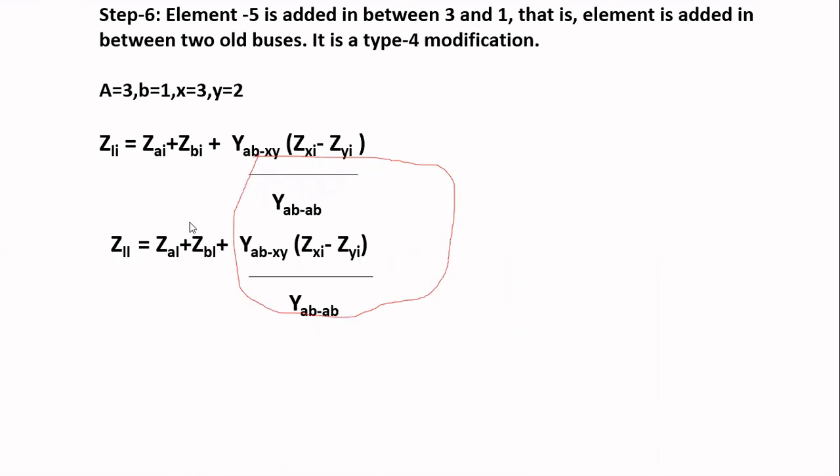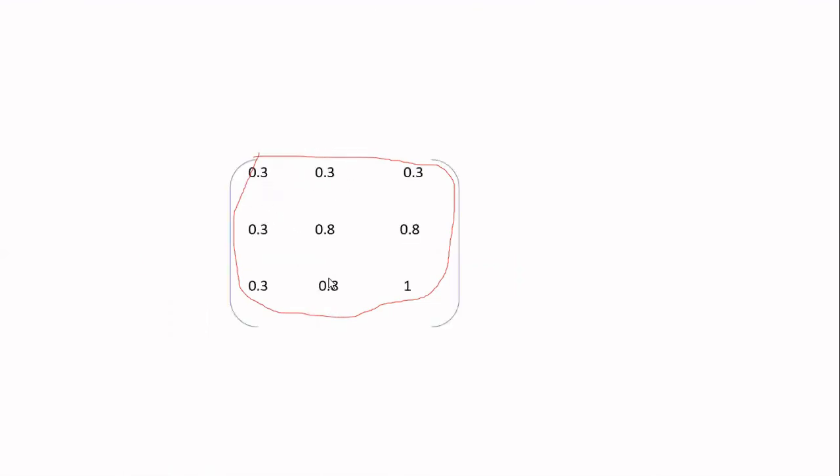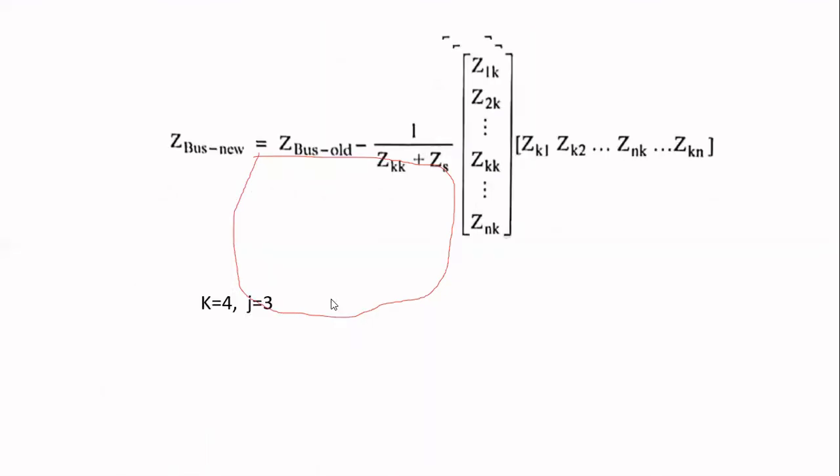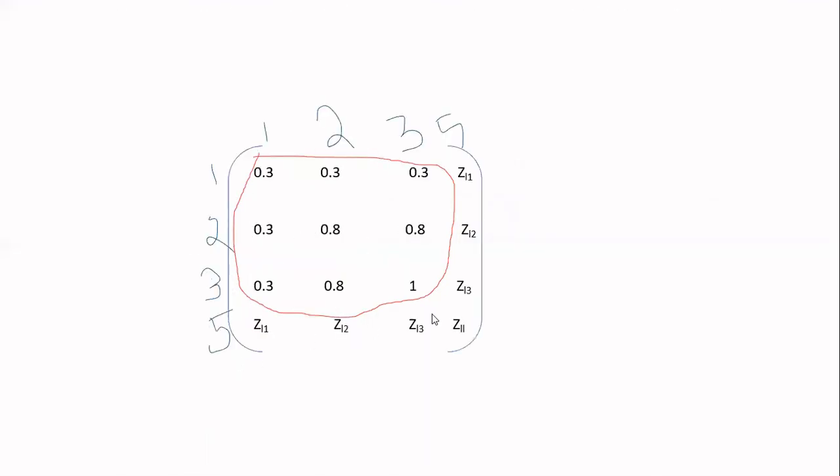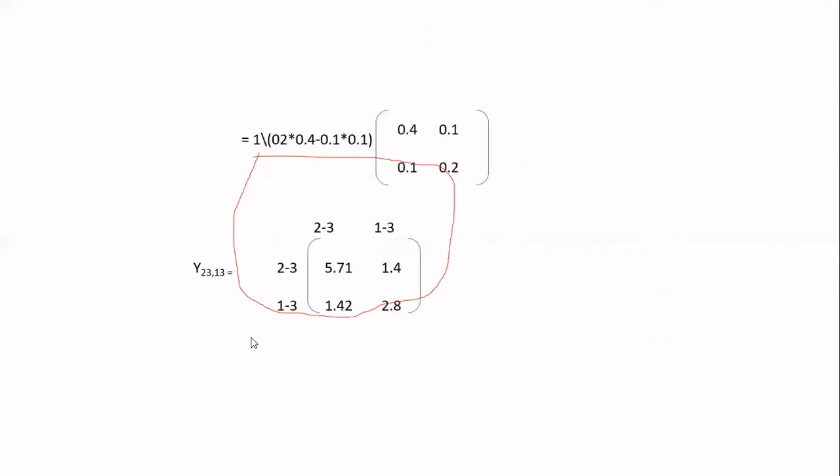After calculating these 4 values, we form the matrix like this, and we substitute these values in this matrix.